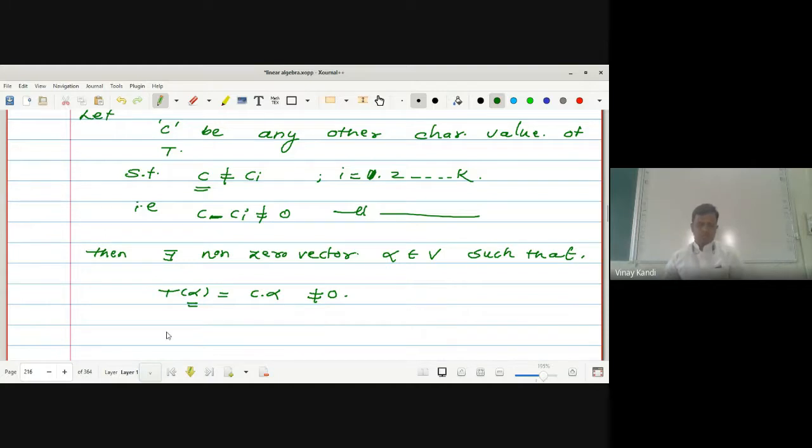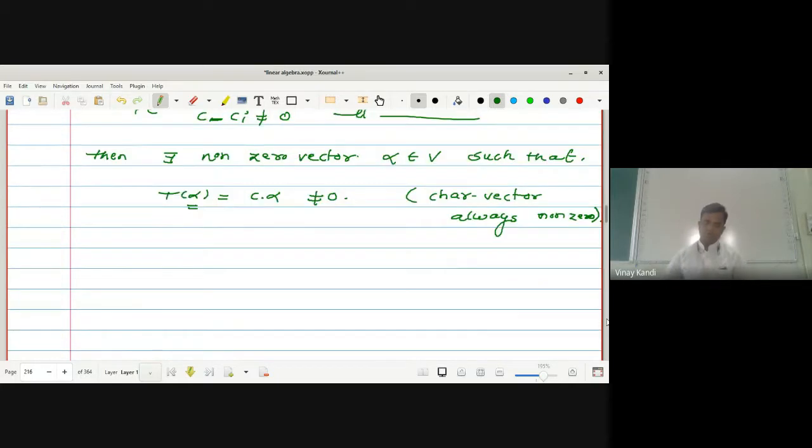What is the reason? A characteristic vector is always non-zero. So now, what is T of alpha?